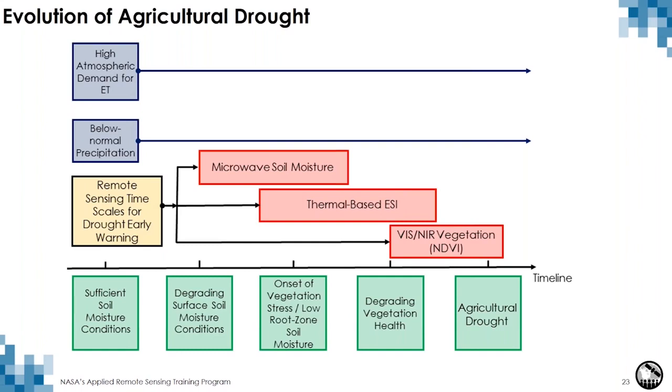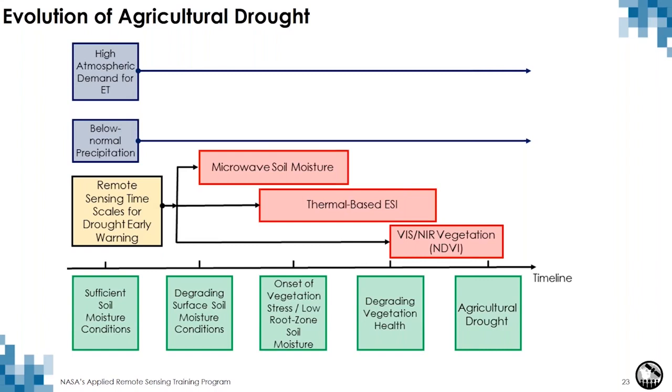So you can start a growing season with sufficient soil moisture. As you know, these atmospheric controls start to lead to degradation of the surface soil moisture. You can measure that with microwave soil moisture. As the root zone dries out, you start to see onset of vegetation stress.